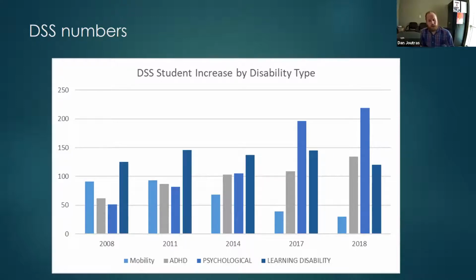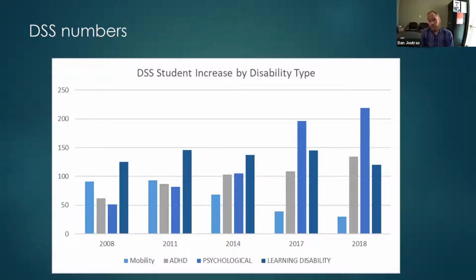If you'll notice then also the huge increase in particularly psychological diagnoses. And we have a few hypotheses for that, just based on the mainstreaming and acceptance of mental health issues for people to actually go out and seek more assistance.